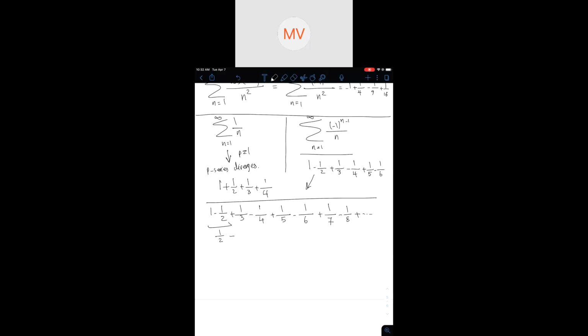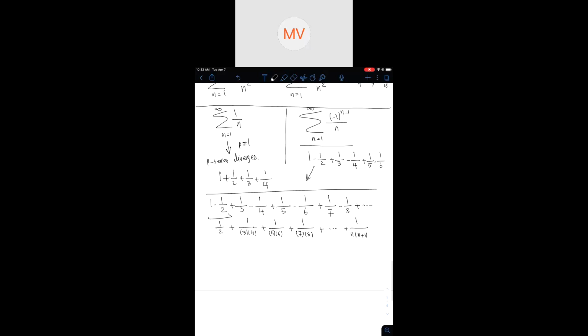That one is half. The next one is 1/12, and let me write the denominator as 3 times 4. The next one is 1/(5 times 6). The one after that is 1/(7 times 8), and so on. So somewhere in the middle, you have 1/(n(n+1)).